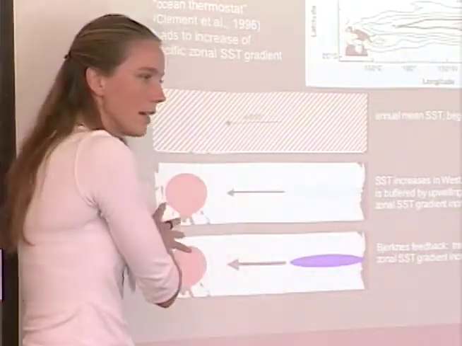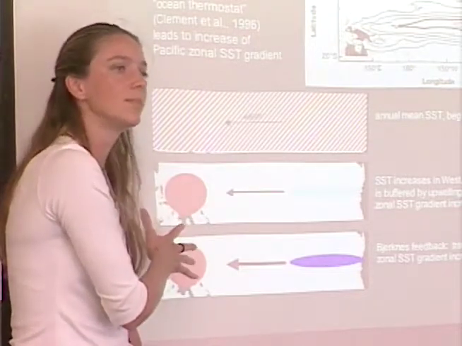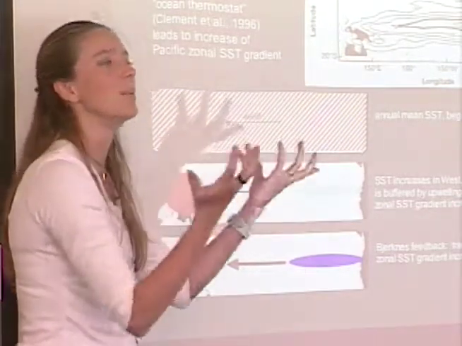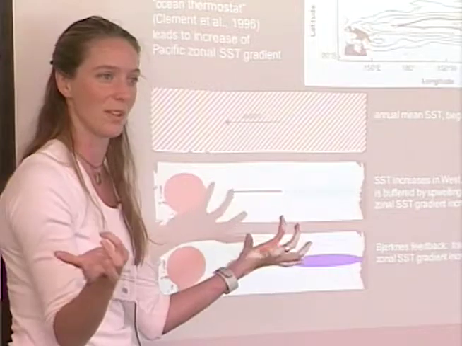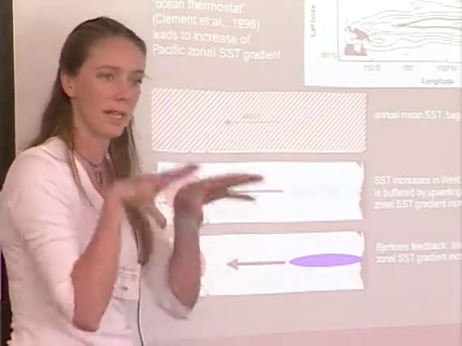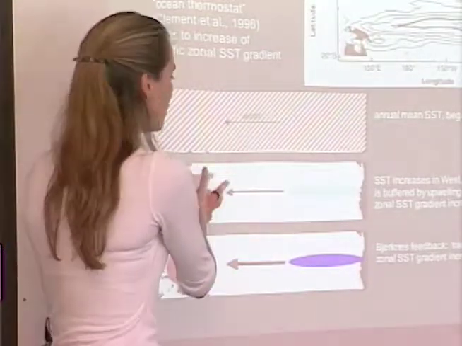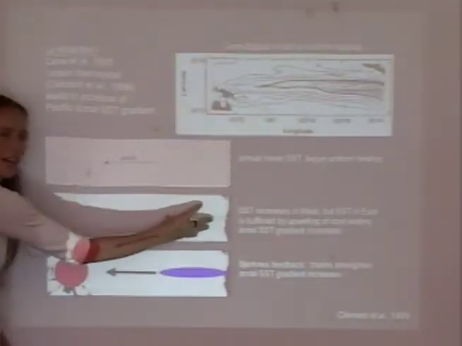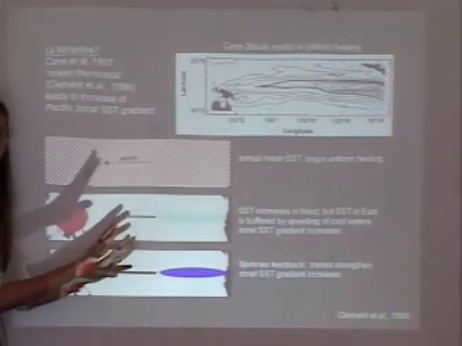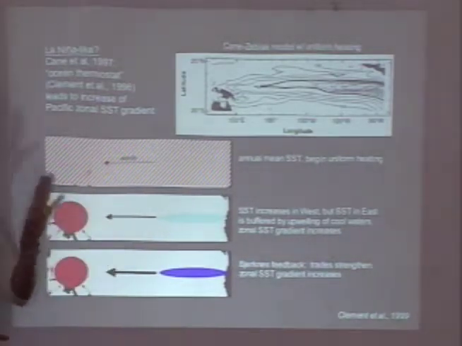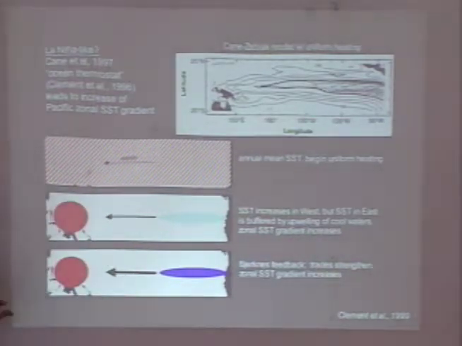Versus in the West Pacific, you do heat very efficiently. There's no cold water being brought up from below to mix with to abate the warming that's coming from the atmosphere. Okay, so what does this get you? This gets you warmer here, and let's just say not as warm here. That's their only point in saying this. They're not trying to say how much, what the difference is going to be.